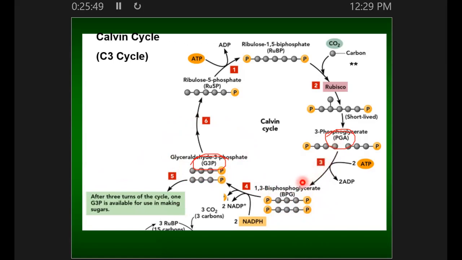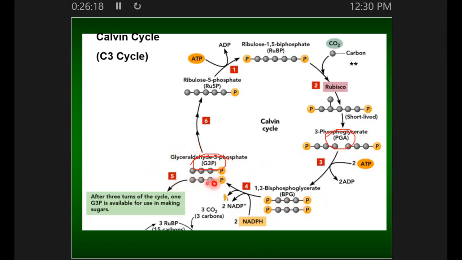I talk more about, okay, you have this PGA molecule, you have ATP, and then the other step here that's really important is the NADPH is coming in. So this second phase of the Calvin cycle, that's where you start seeing ATP is needed and NADPH is needed in order to push this reaction from PGA to the G3P, glyceraldehyde 3-phosphate.